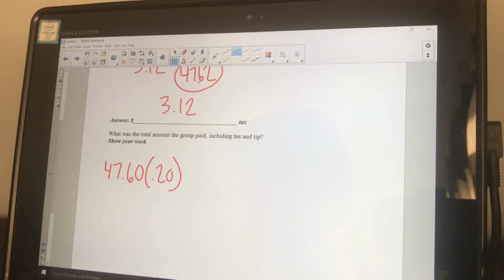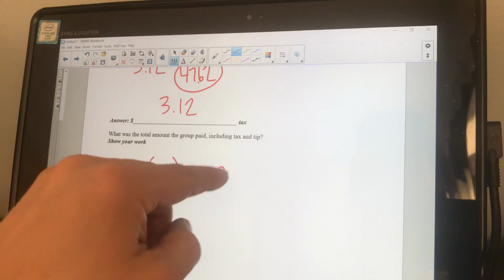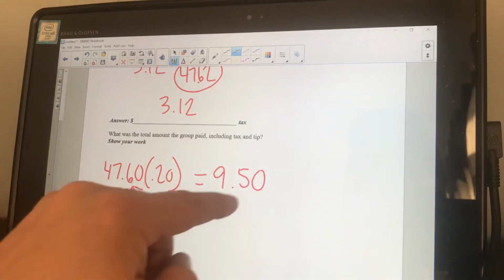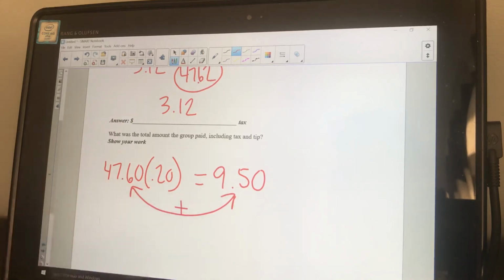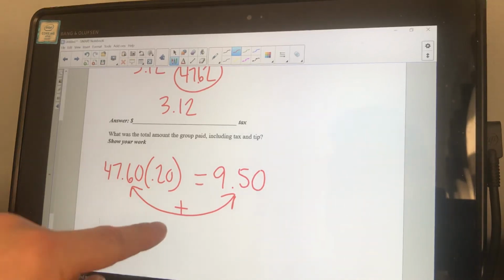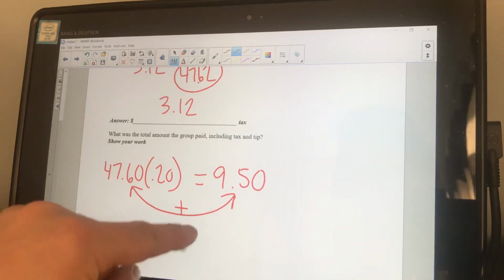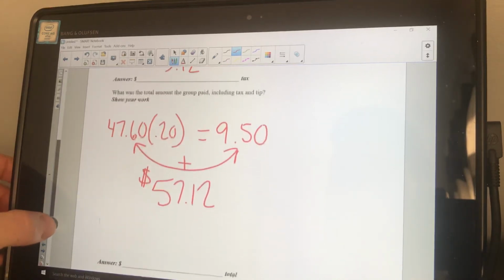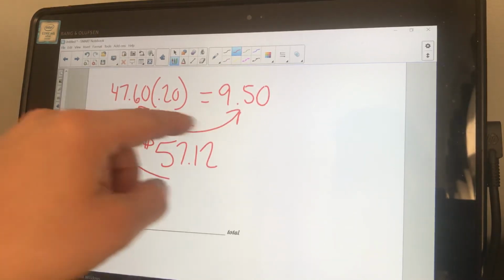Okay, $47.60 times a 20% tip is $9.52, and those two need to get added to find the total cost. So add $47.60 to the $9.52. That's $57.12. Okay, $57.12 is the total.